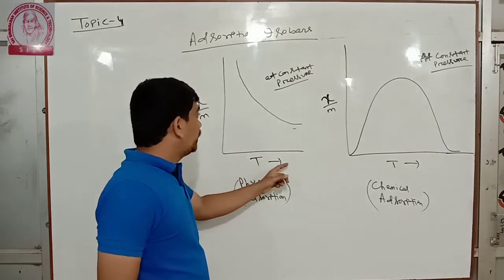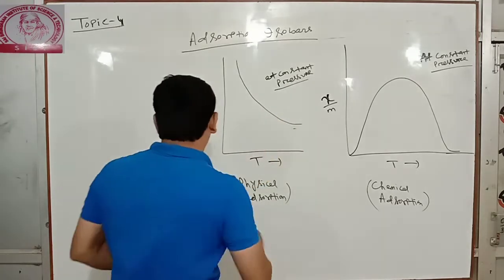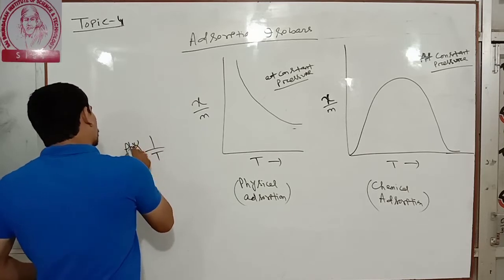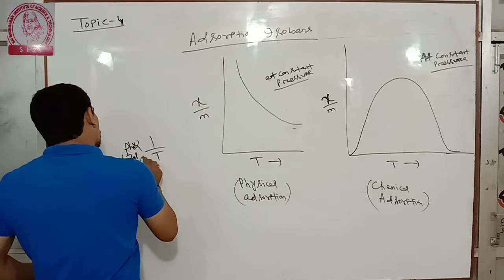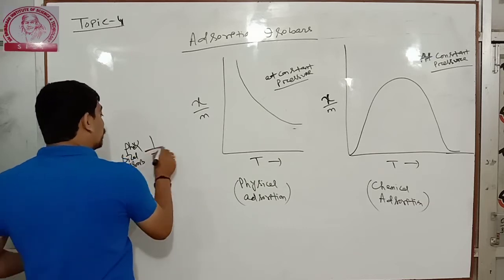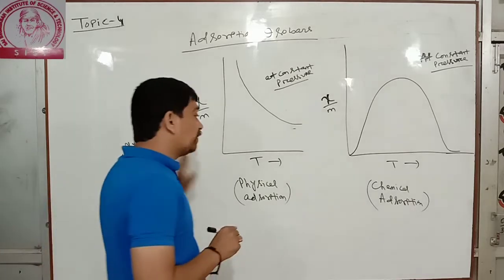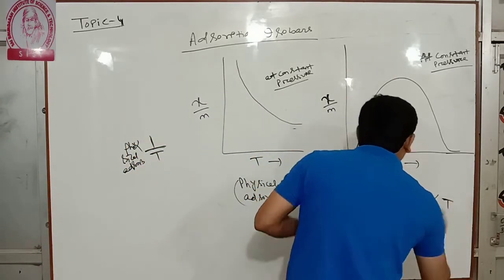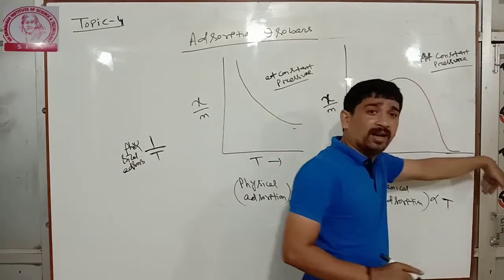If we increase the temperature at constant pressure, this decreases, because physical adsorption is inversely proportional to temperature, whereas chemical adsorption first increases, then decreases. Clear?